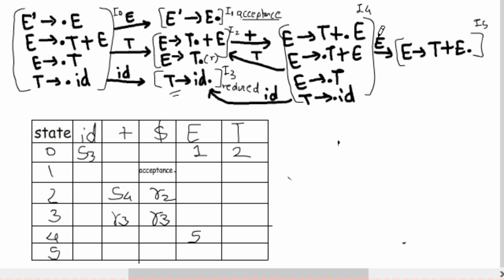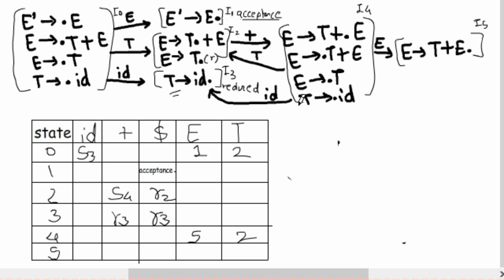Okay, we can see that state 4 is going back to state 2 with T, because when the dot reads this T, it goes back to state number 2 after reading T. So this is also finished.